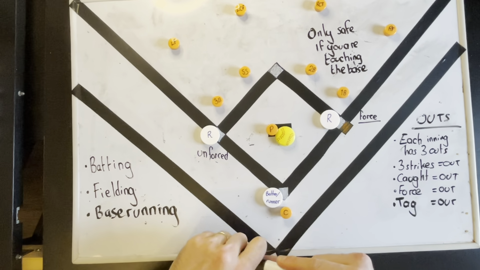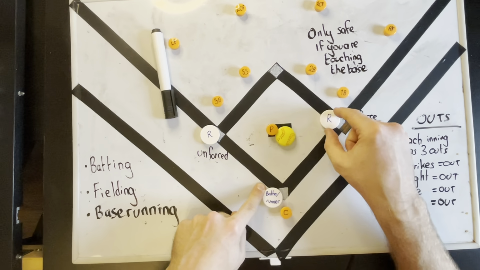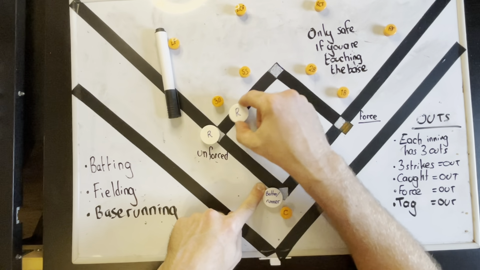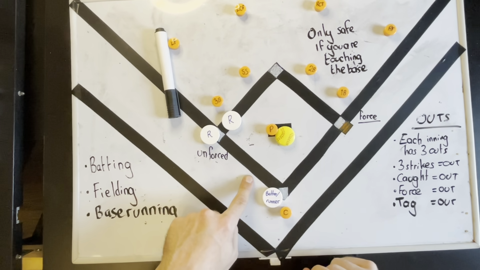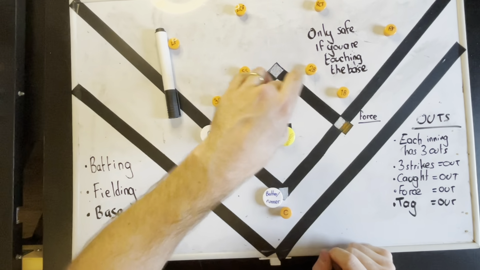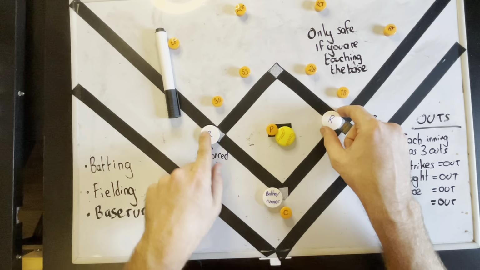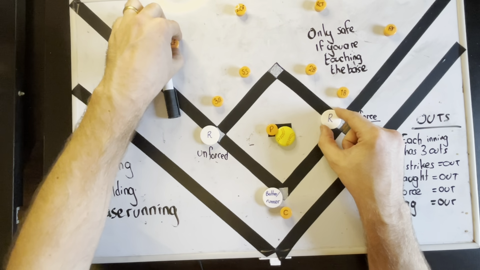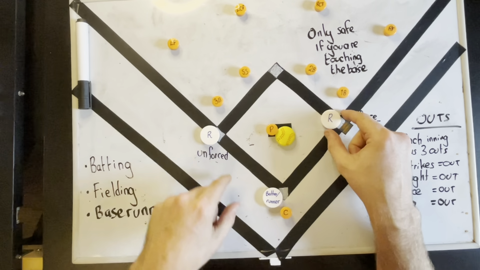The only way that this person would be forced to move on is, in the very unlikely event, if this runner came round and then kept going, then yes, they would be forced to go on. And I suppose at this point, I might as well introduce a rule that doesn't come up too often, but it's fairly good to put it at this point.